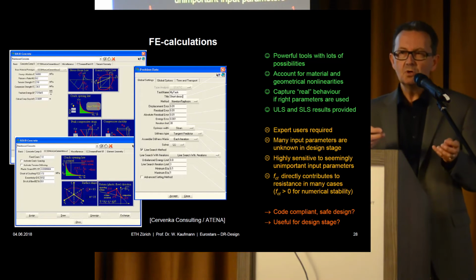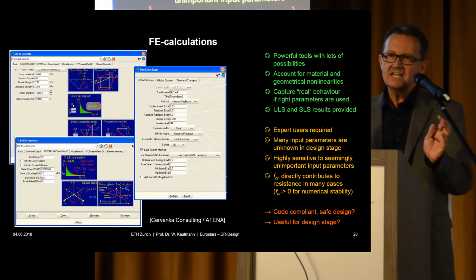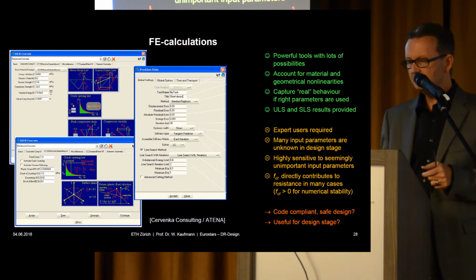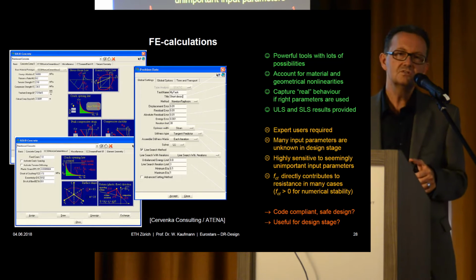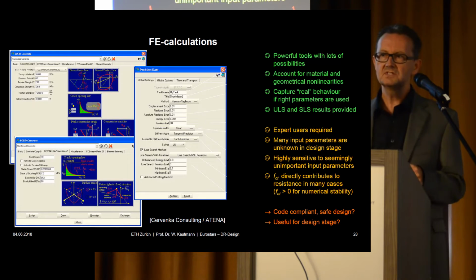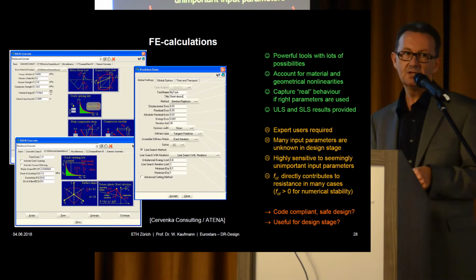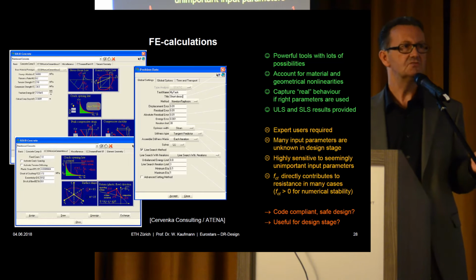And it's hard to quantify how much of the ultimate load is attributed to that tensile strength. I've seen people recalculating bridges that have been there for 15 or 30 years using the current codes. They don't stand. I'm sure you have many of them in the Netherlands as well. And then you run one of these calculations and it stands. It works.